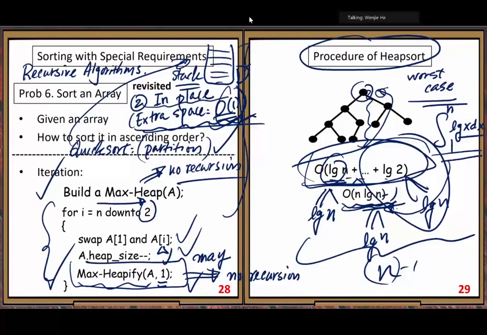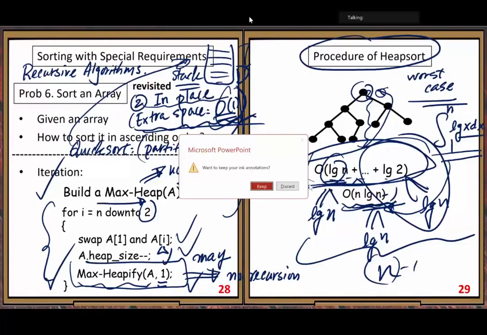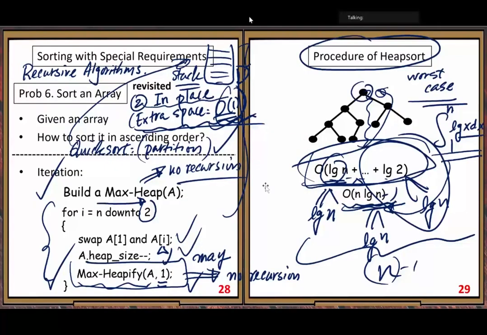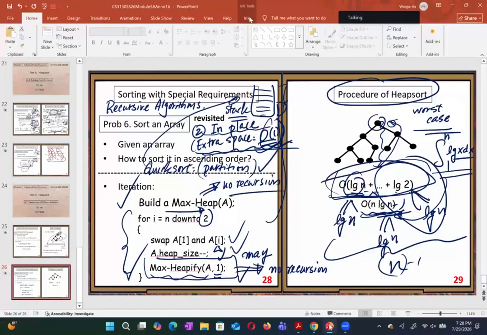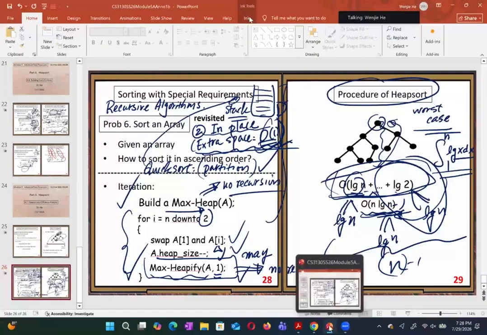Let me switch my PowerPoint slides to part B, hashing technique. Part B, yeah.